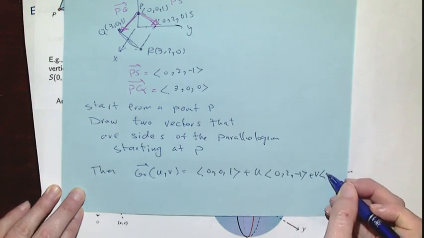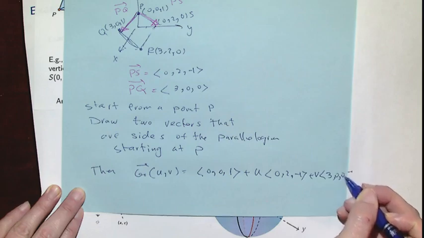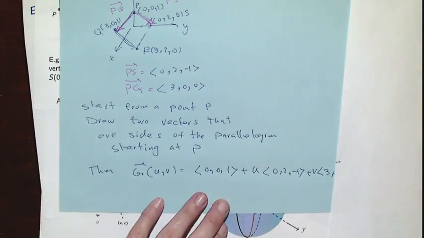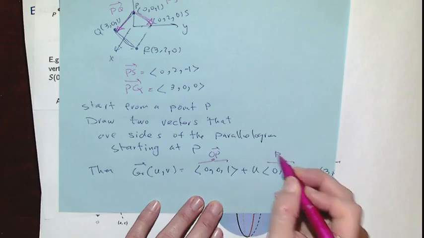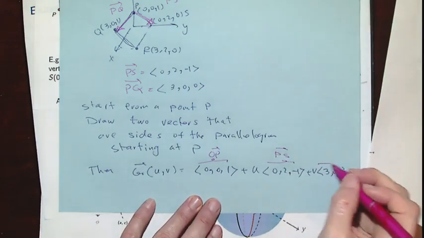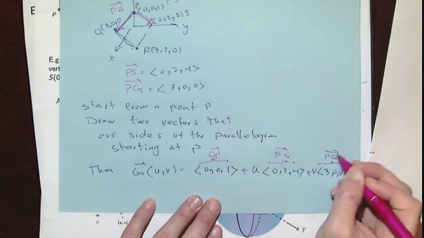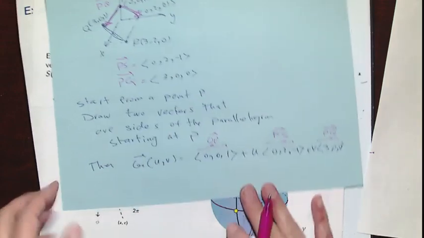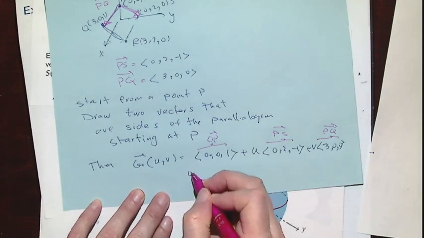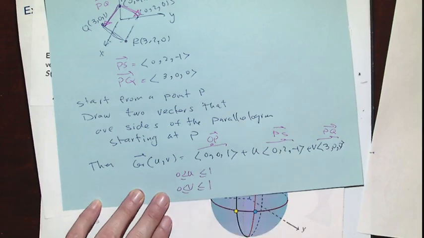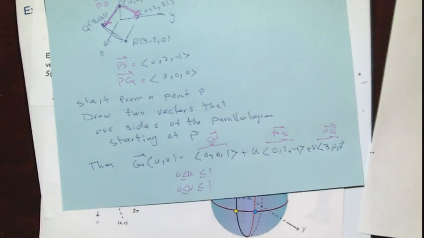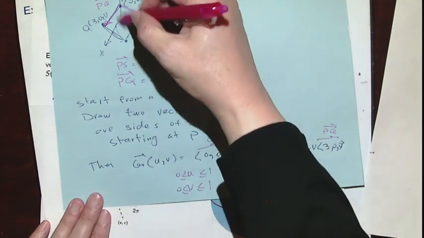What was PQ? This is OP, PS, PQ. For U between 0 and 1 and V between 0 and 1 parameterizes every point on the parallelogram.